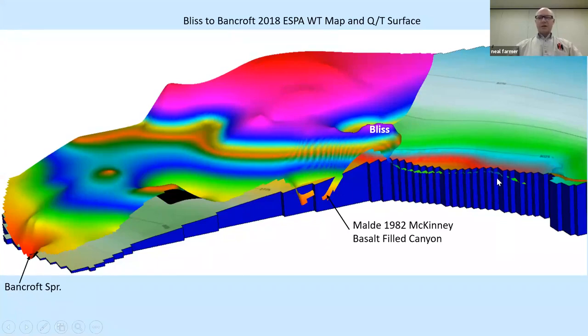So in this image here, you'll see the QT contact without contour lines, and then the 2018 East Snake Plain Aquifer water table map with contour lines. And you can see how up towards Bliss, it is cutting quite deep underneath these sediments, through the lake bed sediments essentially. And at Bliss, there's 500 feet of a complete exposure of the Lake Idaho Glens Ferry sediments.